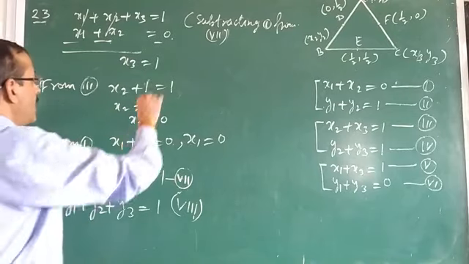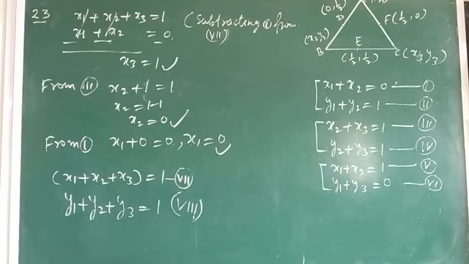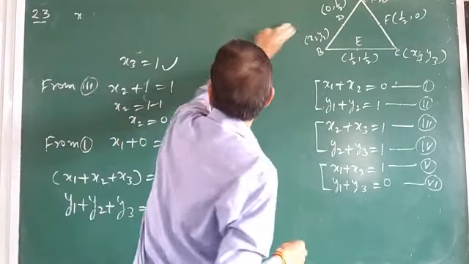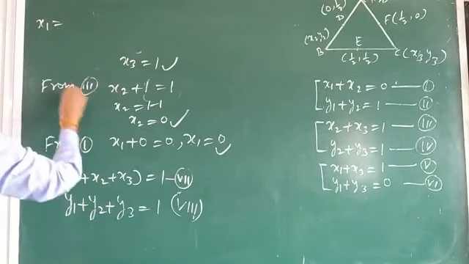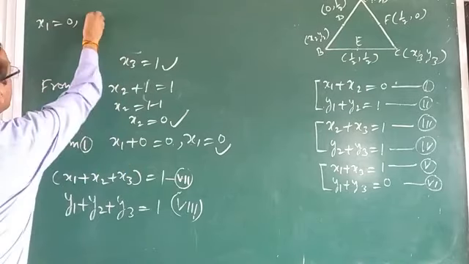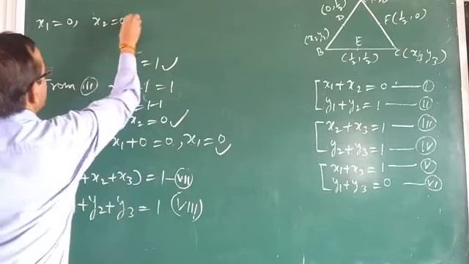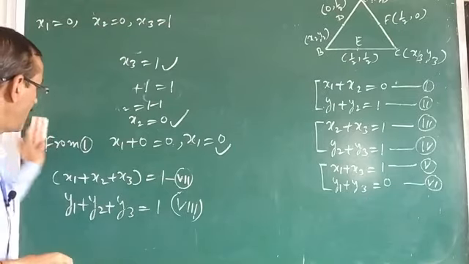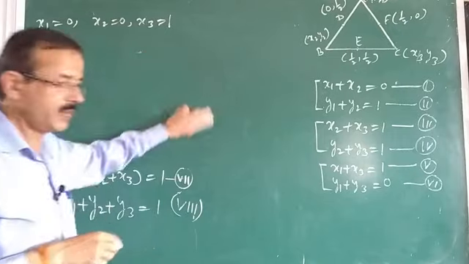So we have got x3, x2 and x1. Let me remove this and write here: x1 came 0, then x2 came 0, then x3 came 1. Similarly, you have to follow the same for y.